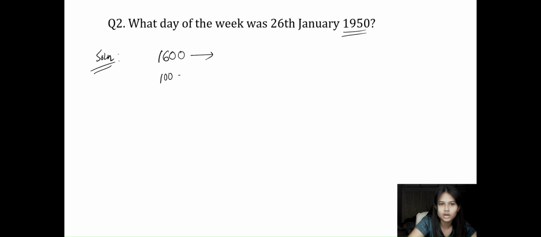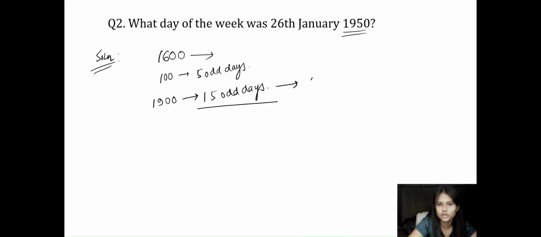Now what I know is for 100 years, the odd days are 5. So can I say that till here, I get 15 odd days? Correct? So in total, I have 15 odd days. So from here, how many odd days? 1 odd day. So now I have come till 1900.